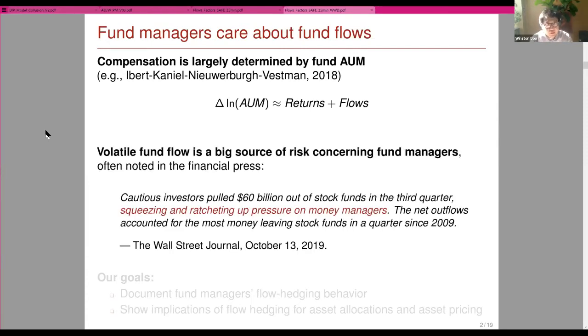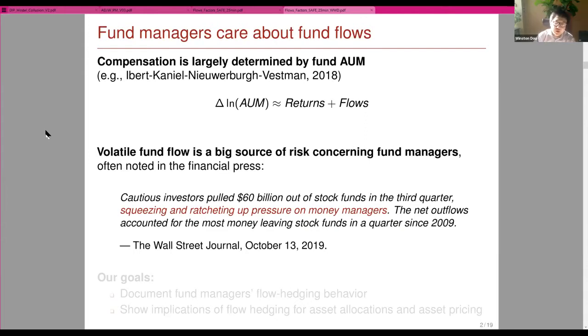The fact that volatile fund flow is a big source of risk concerning fund managers is often noted in the financial press already. For example, a Wall Street Journal article on October 13th, 2019, reported that cautious investors pulled $6 billion out of stock funds in the third quarter, ratcheting up pressure on money managers.